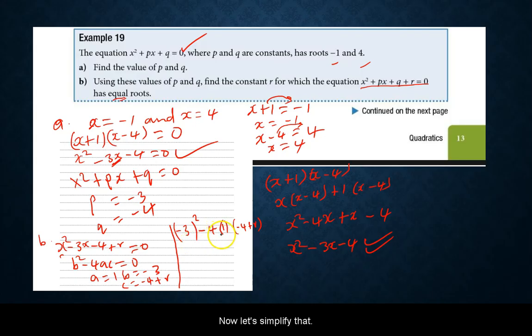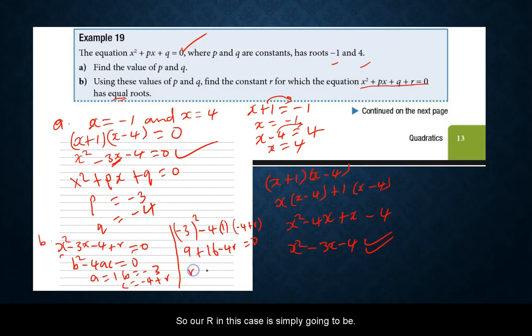Now let's simplify that. When you square negative 3, the negative disappears, so this becomes 9 plus 16 minus 4r, and this is equal to 0.